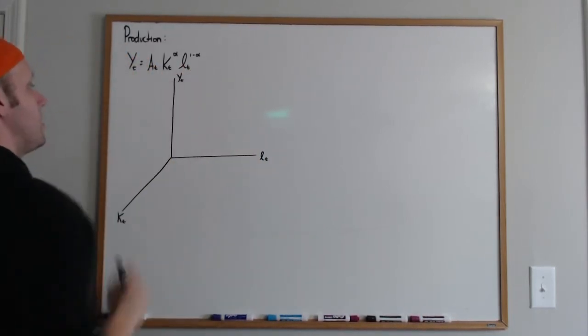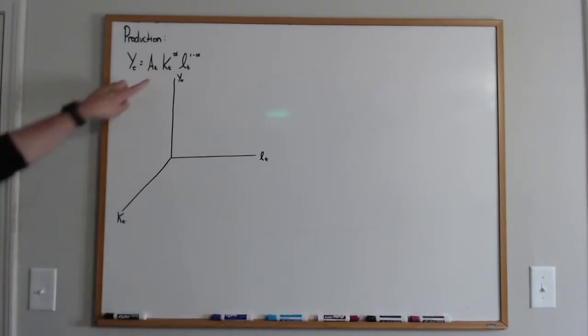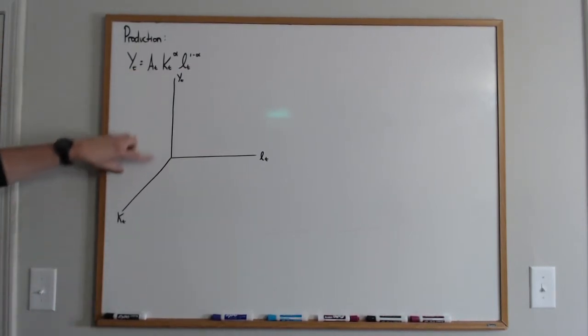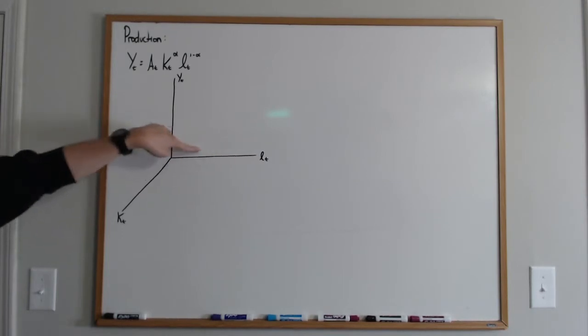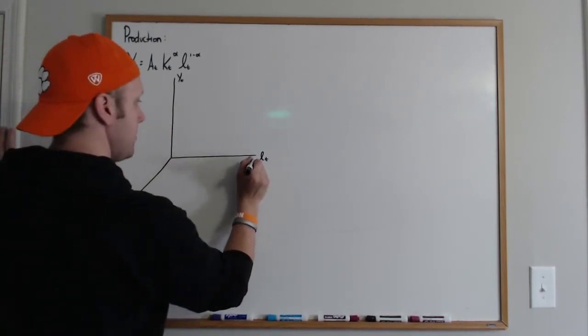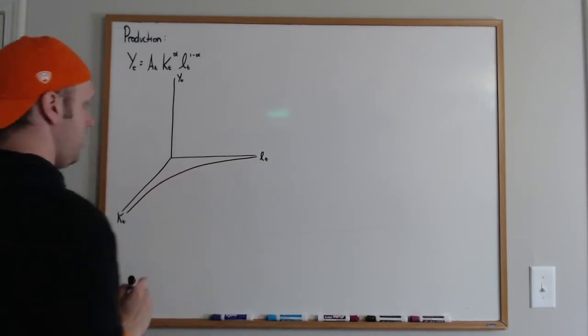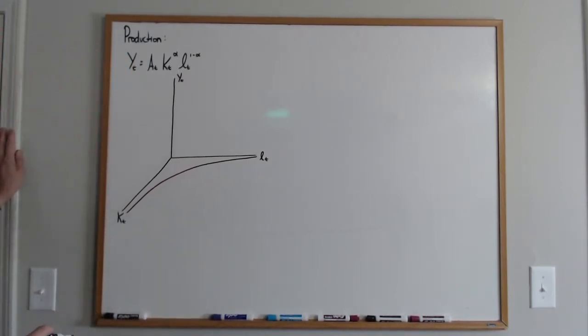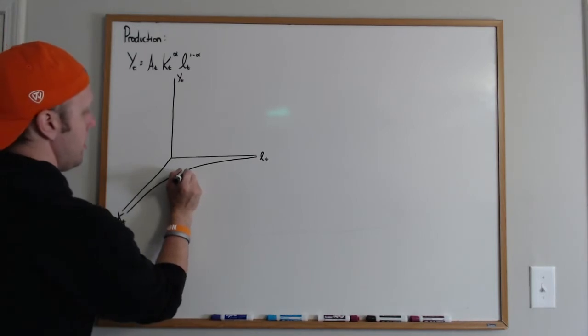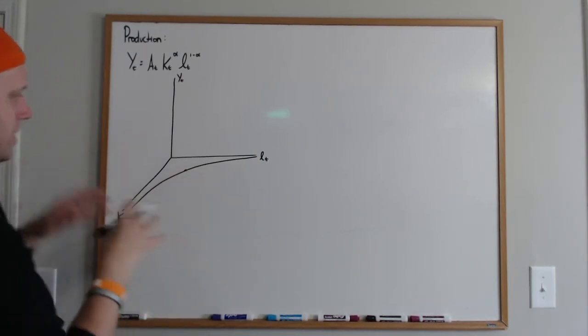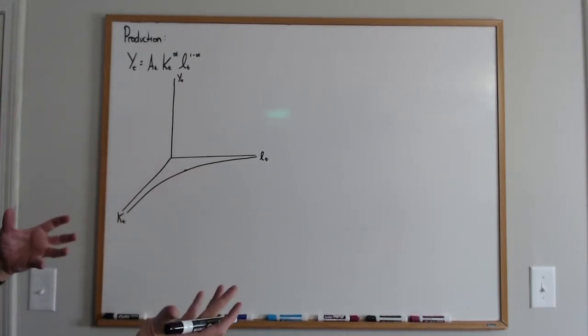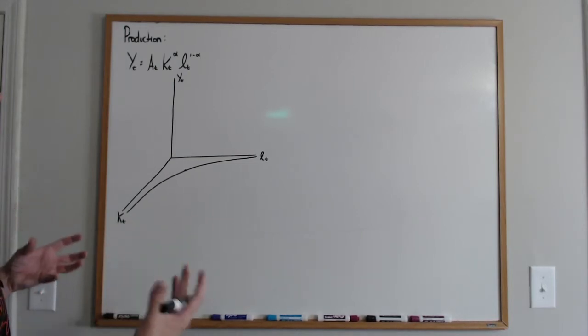So let's say we've got this. I've got Y, the output, being a function of an input capital and an input labor. Well, there would be some curve, let's say it's here, where there's this optimal combination of capital and labor.